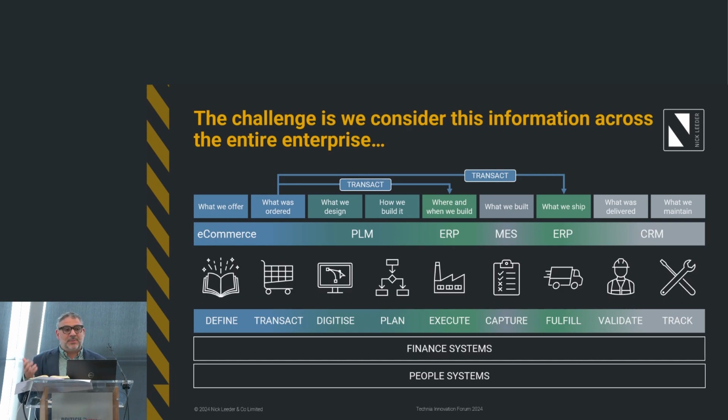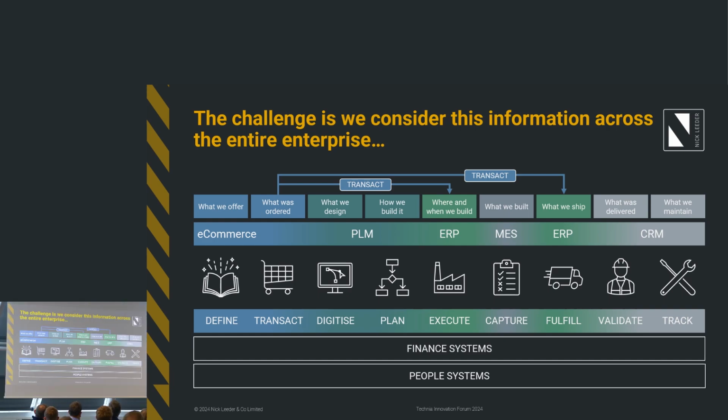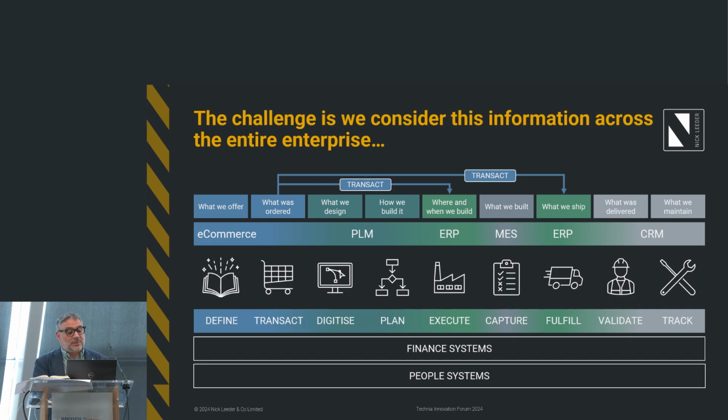And when you start thinking about that, there isn't a single role for PLM. You'll see across the board, you're phasing in and out of different business enterprise applications. We live in the world of PLM, but there's other things like ERP out there. There's the MES systems you need to use on the shop floor when you execute. There's customer relationship management that captures all the information from the customers.